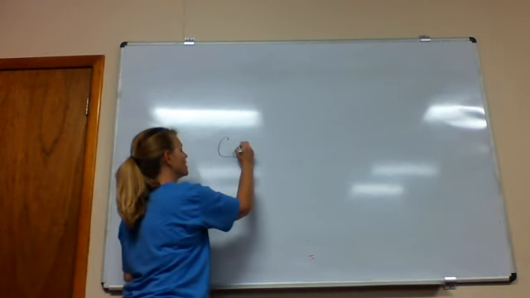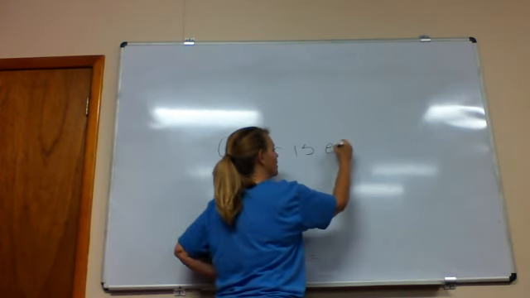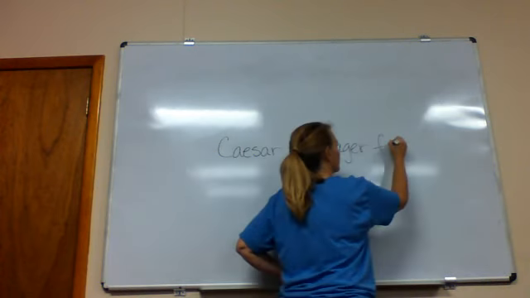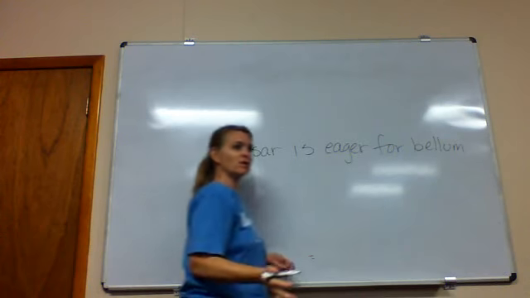So let's just say, Caesar, we'll make up our own sentence. Caesar is eager for war. We know all these words, right? Okay, so what's our subject?